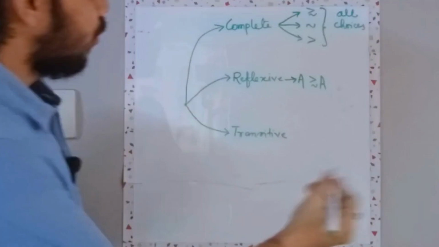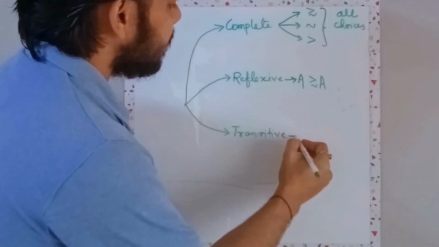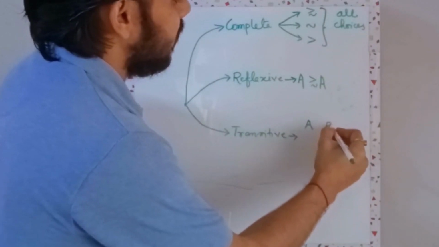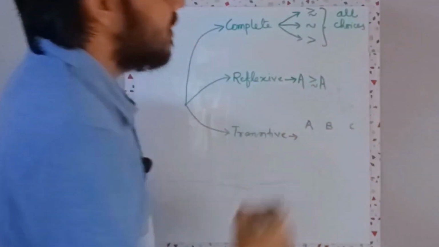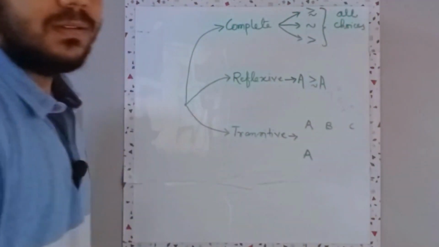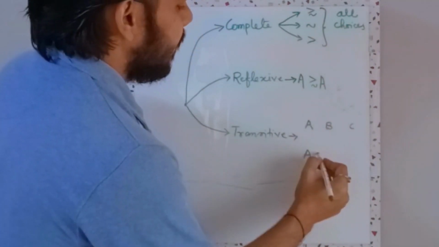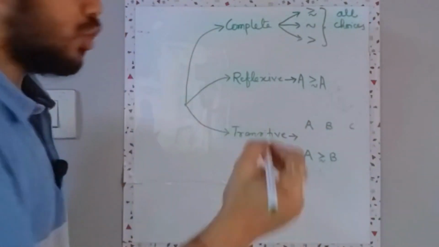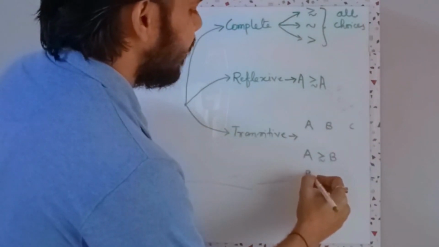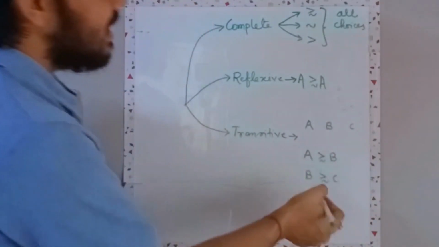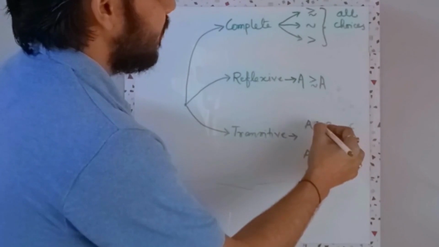For transitive, let us say you have three consumption bundles A, B and C, and you say that I weakly prefer A over B, and I also weakly prefer B over C. So I can summarize this in this way.